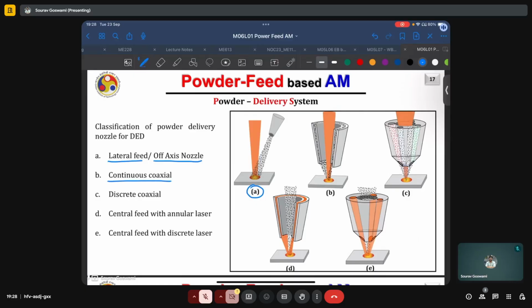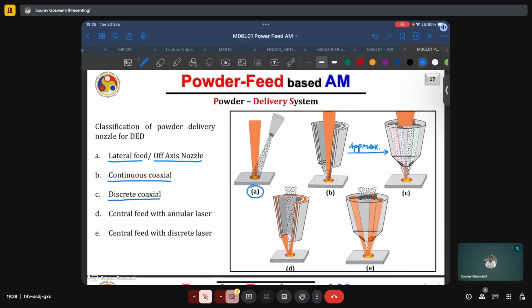This continuous coaxial configuration can be approximated into a discrete coaxial configuration, where instead of, say, a completely conical coaxial channel, we have these multiple discrete channels through which powder is fed.